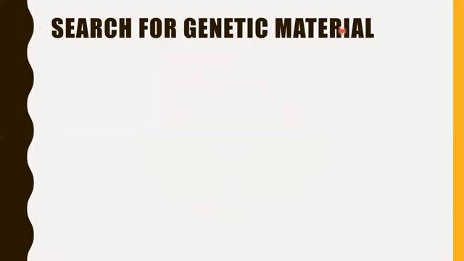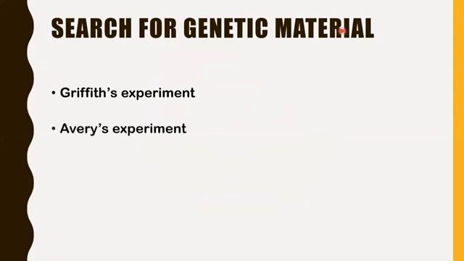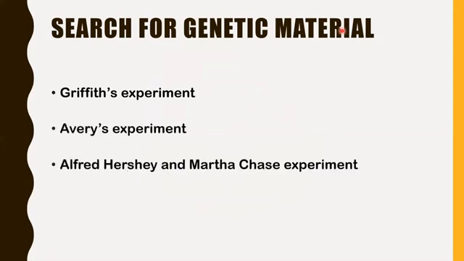The beginning of such experiments was done by Griffith, so that is called Griffith's experiment, followed by Avery's experiment, and finally we will discuss the Hershey and Chase experiment. So these are the three important experiments which will be discussed today in this video.